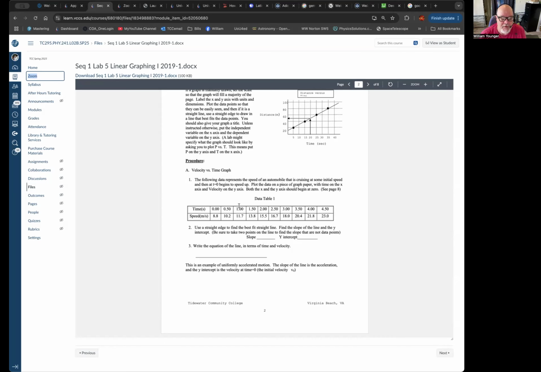If you look at the speed, which might be the x variable, the largest value is 23 and the smallest value is 8.8. If you subtract 23 minus 8.8, that would be 14.2.